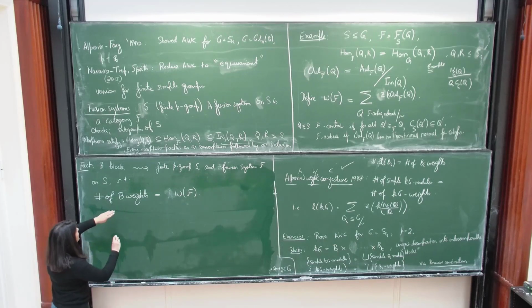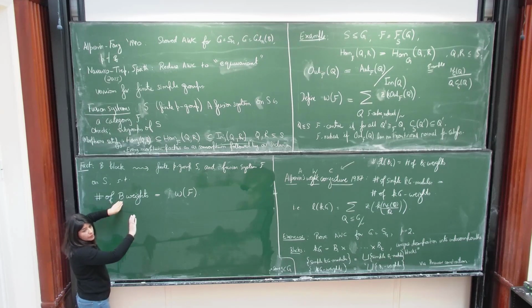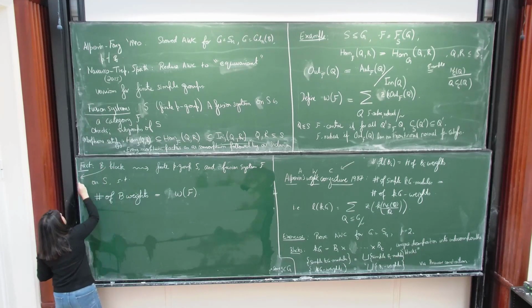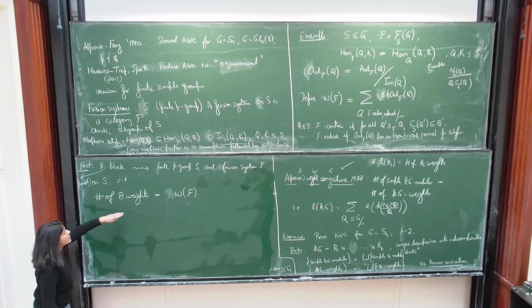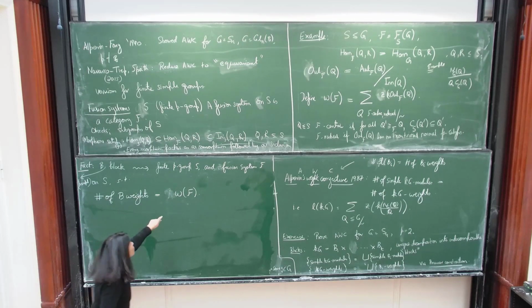So let me make this statement correct on the notes by saying this is true for certain types of blocks called principal blocks, that is the block which contains the trivial G module. Then this is correct on the nose. Otherwise you have to deform this a little bit.